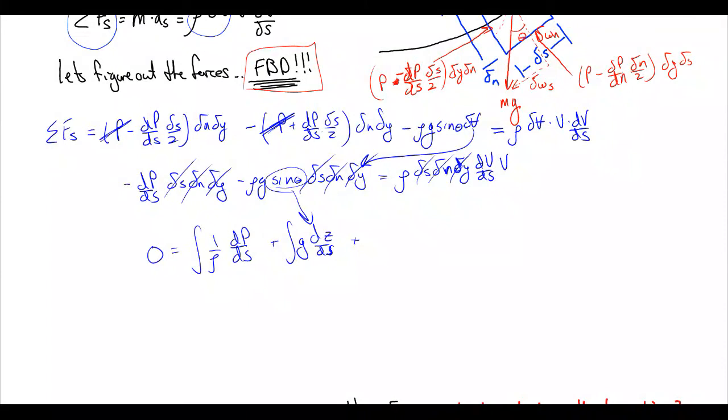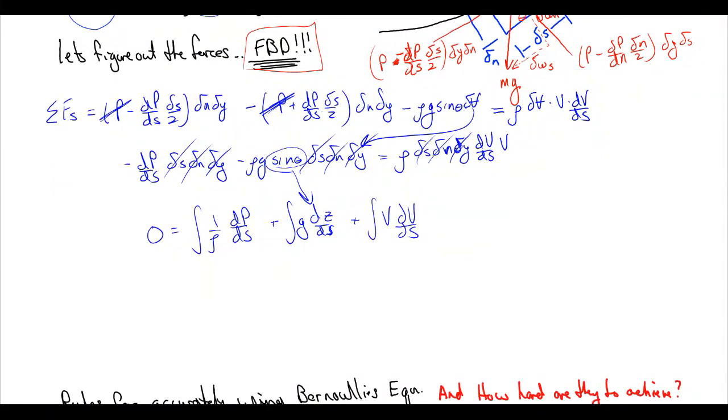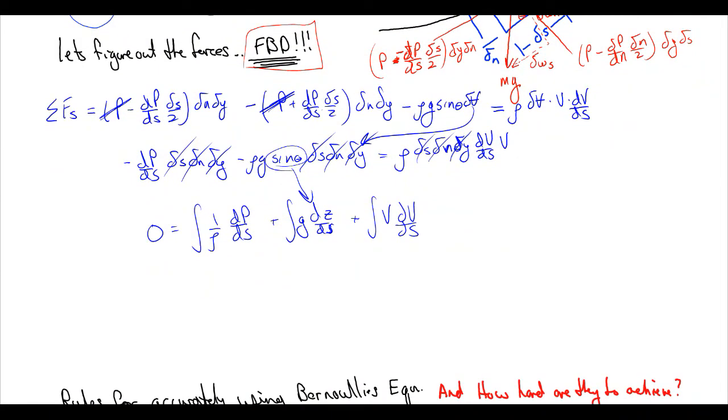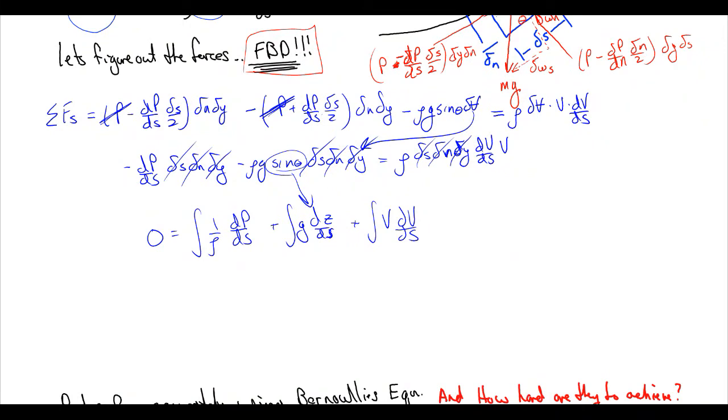Great. Oh, you know what I did? I think I dropped 1/2 in there. Nope, I didn't. We're good. So now we can integrate this, but we have to make an important assumption before we integrate it, because integrating 1 over rho and g can become tricky unless we assume rho is equal to a constant and g is equal to a constant.